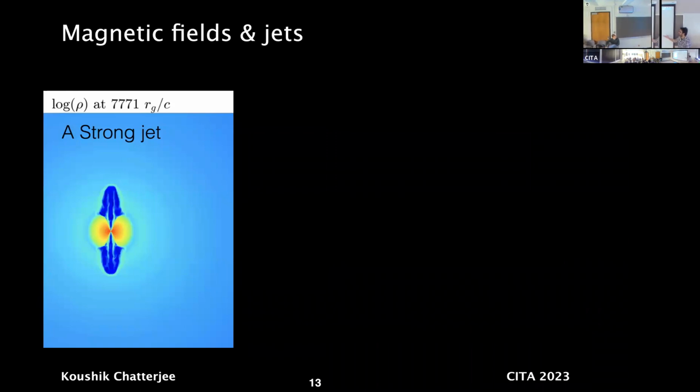Because you have such strong magnetic fields, an important parameter would be the magnetic flux on the horizon, and that regulates what the jet power would be. So what we did with a bunch of undergraduate and graduate students is look at, let's say you have the same surrounding ambient medium, for example this.